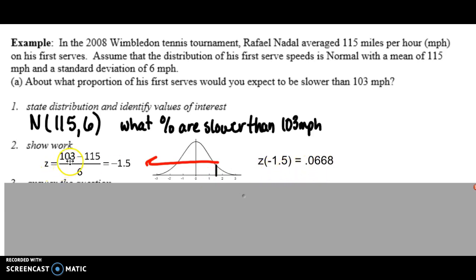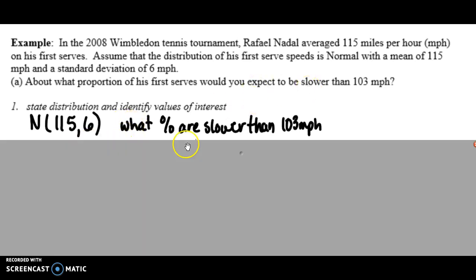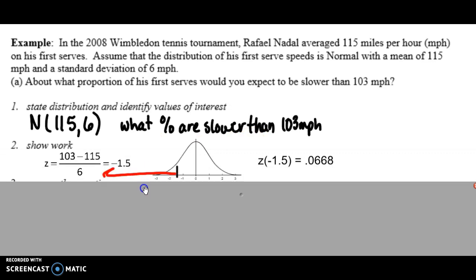So remember, to find the z-value, we take the value, which is slower than 103. First, we state the distribution: a normal distribution with a mean of 115 and a standard deviation of 6. And the question: what percent of the serves are slower than 103 miles an hour? Then we show our work. We first find the z-value by taking that value minus the mean divided by the standard deviation.